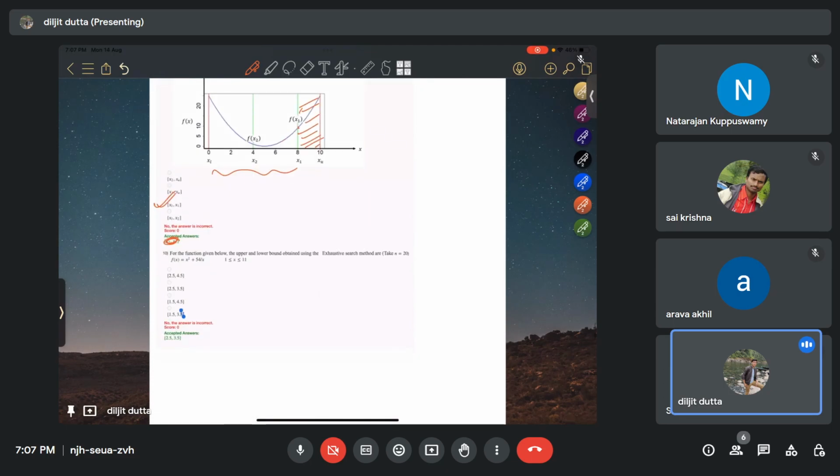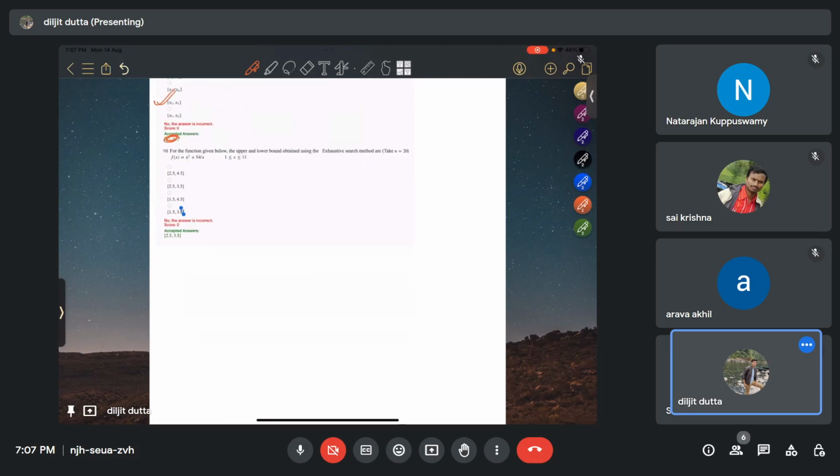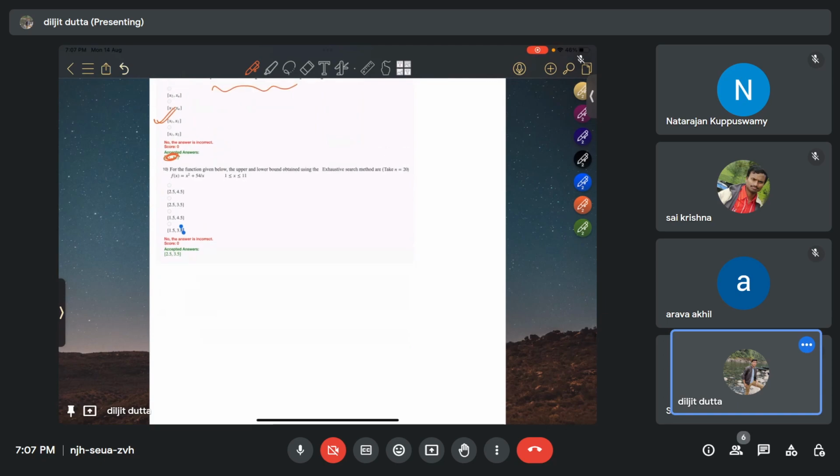For the function given below, find the upper and lower bound obtained using the exhaustive search method, taking n equals 20 and f of x equal to x square plus 54 by x. So we have to do the exhaustive search. Okay, it's a monotonous problem, but still we will do some steps.